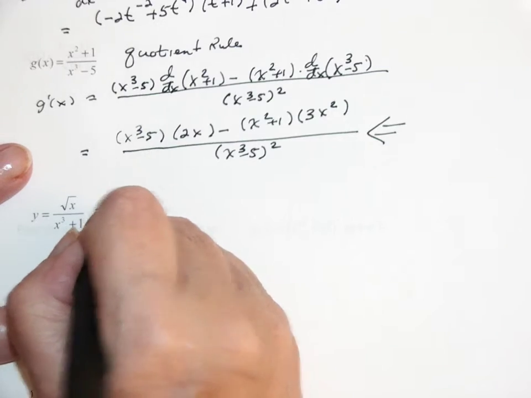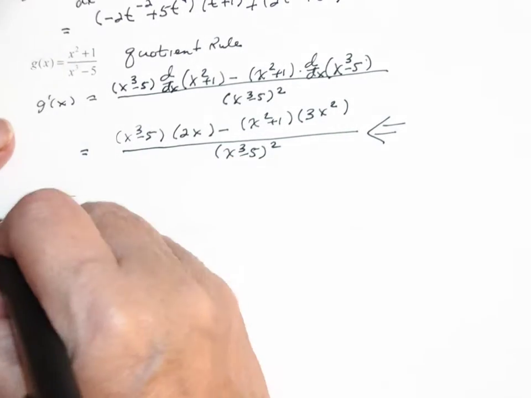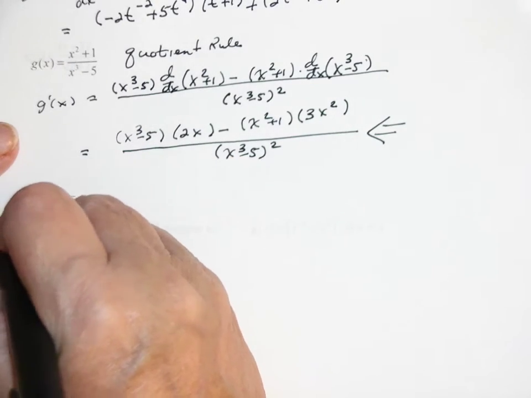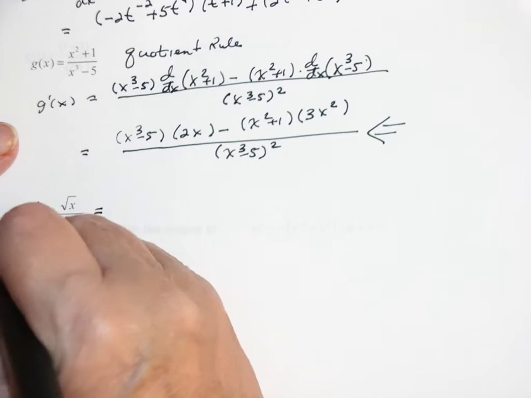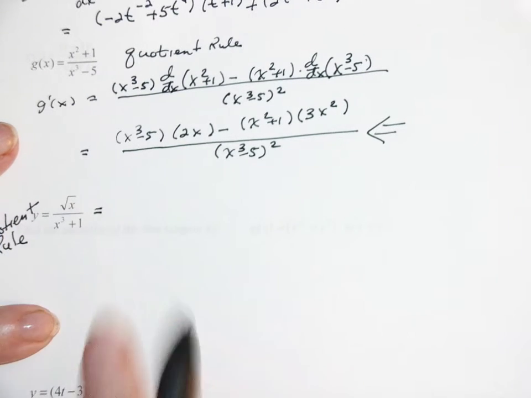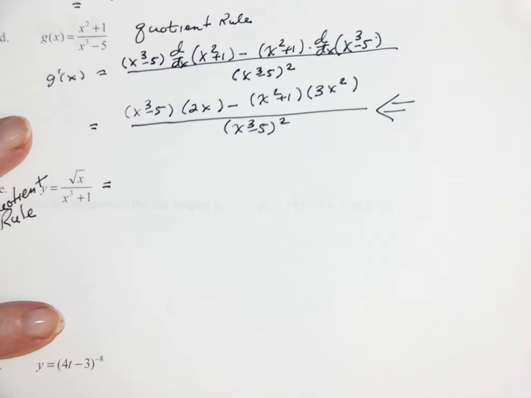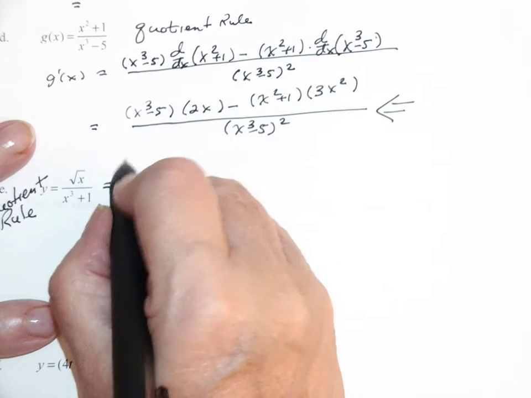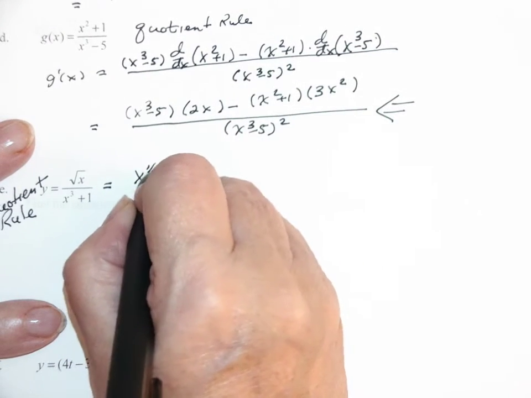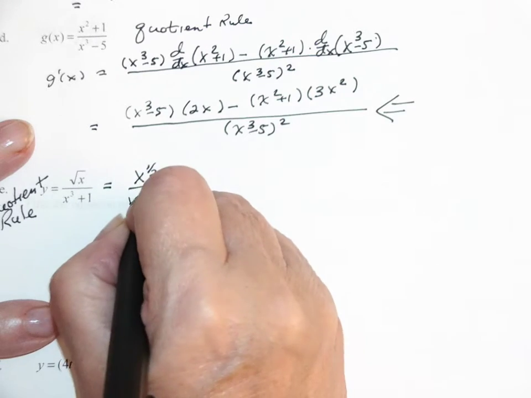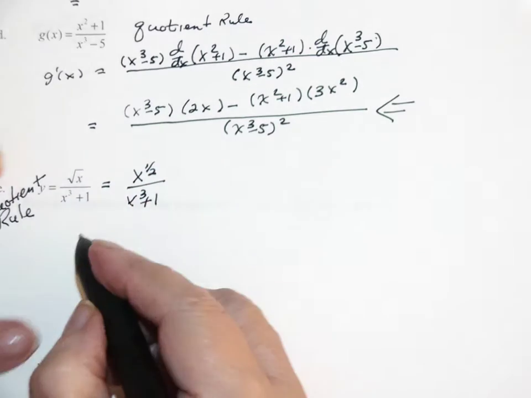Now this is also quotient rule. So this needs to be rewritten as x to the 1/2 over x cubed plus 1.